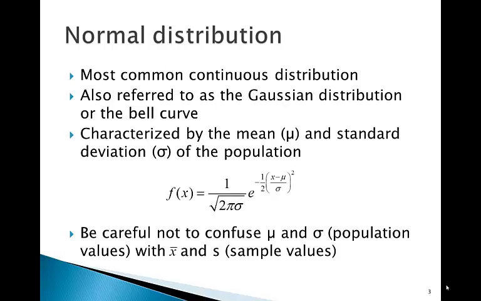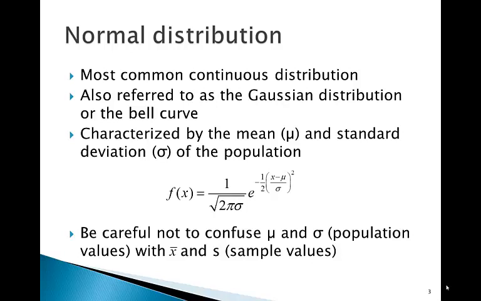The formula here is the density function for the normal probability distribution. You don't have to worry about that or knowing anything about it. I just wanted to show you that this distribution does indeed have a mathematical formula that goes along with it, just like the binomial distribution.